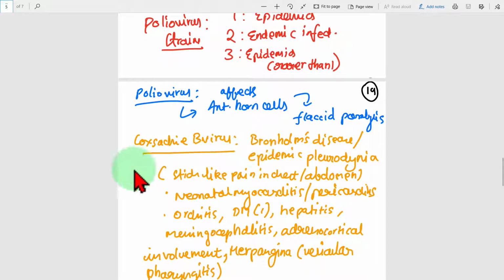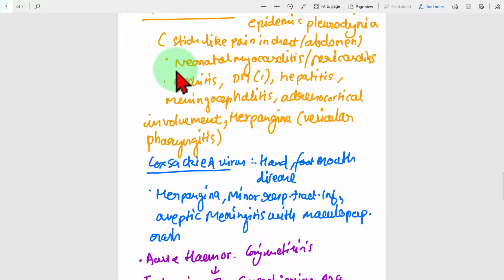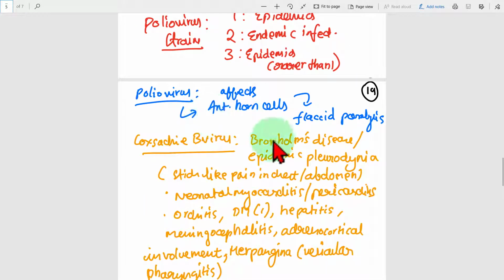Now moving to the Coxsackie B virus. This is also one important virus. Talking about Coxsackie B virus, it causes Bornholm disease and epidemic pleurodynia, with pain in the chest and abdomen.